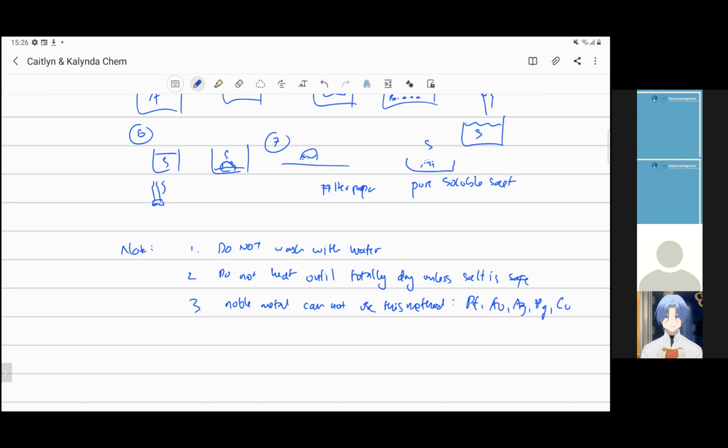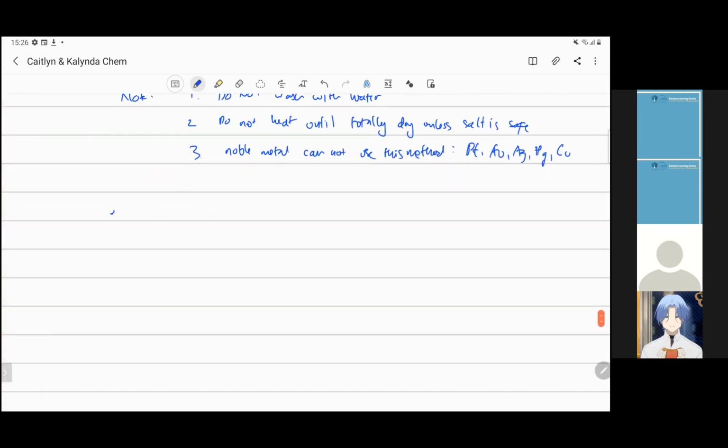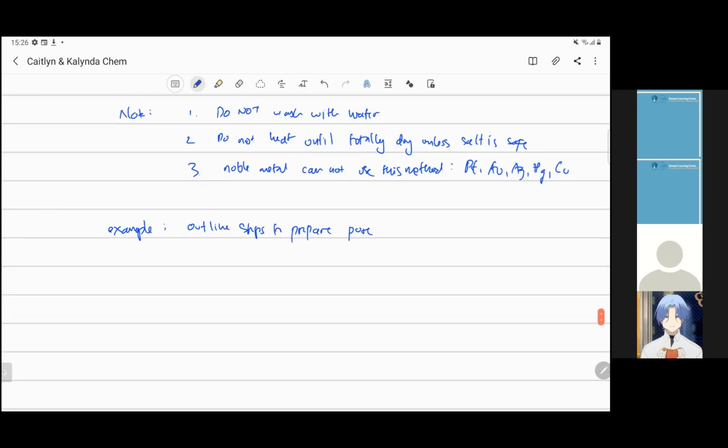Okay, example. The question will be, outline steps to prepare pure, okay, what happened here? Let's say we must have a carbonate here.